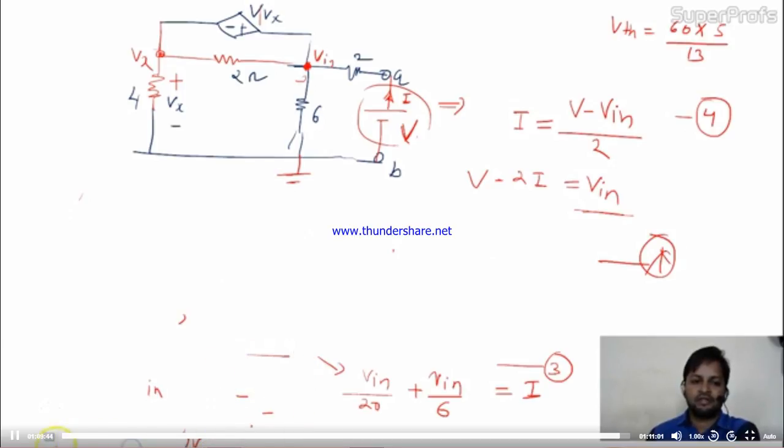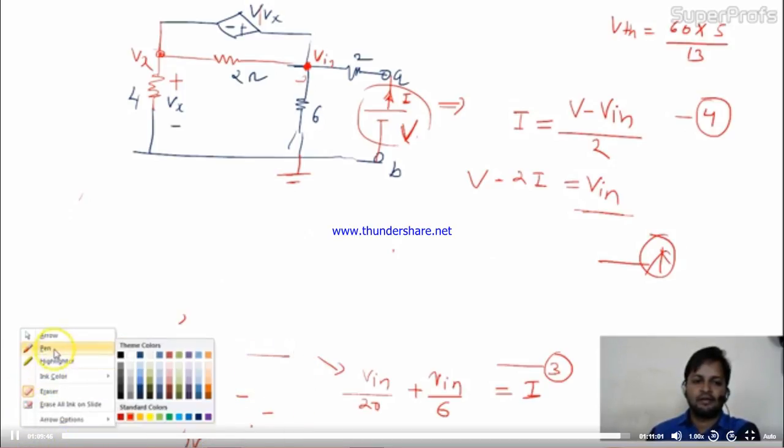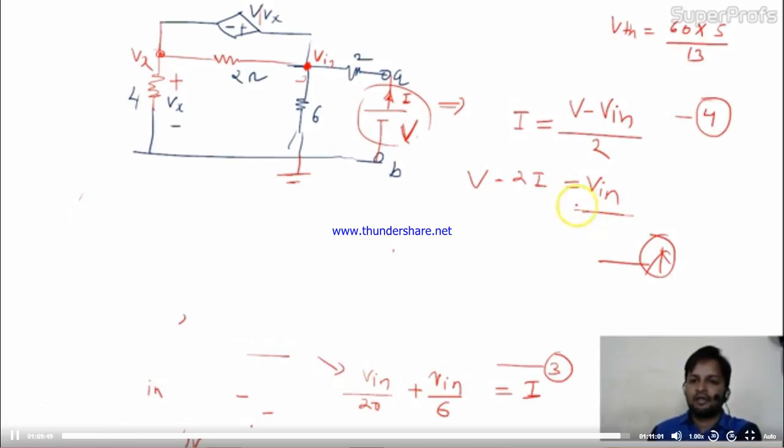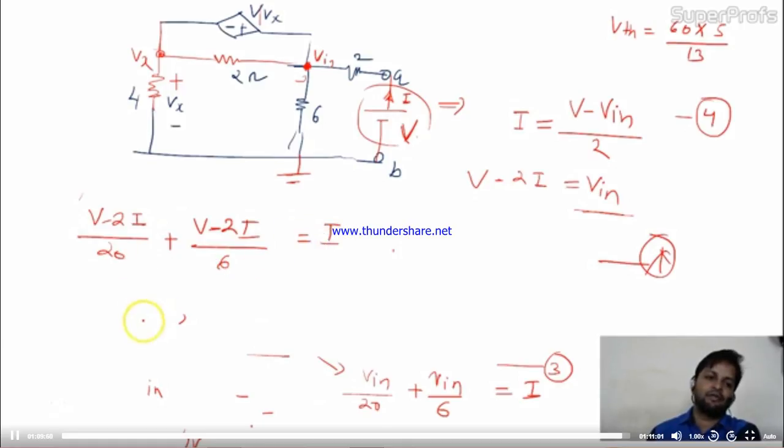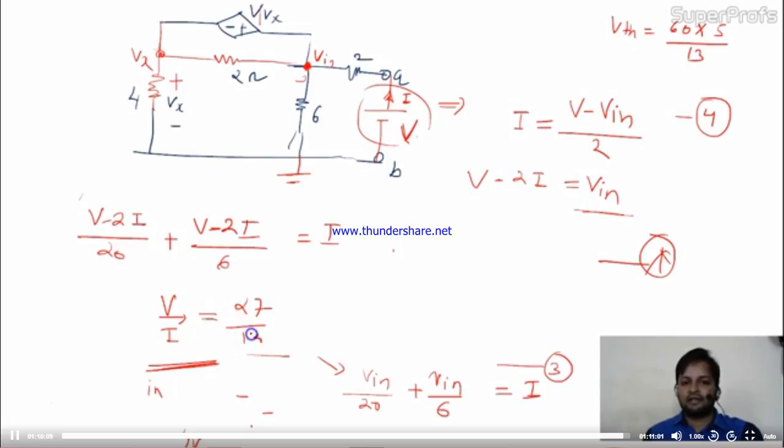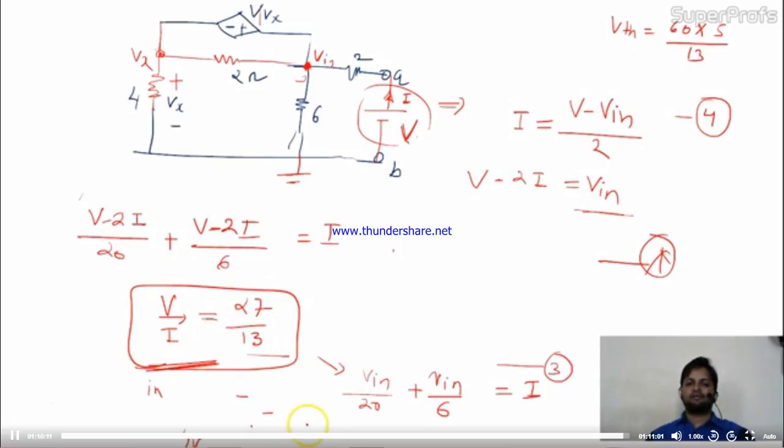So the equation is: we'll replace V in by V minus 2I, so V minus 2I by 20 plus V minus 2I by 6 equal to I. Now V by I, your task is to find V by I. When you find V by I, your answer will be 27 by 13, and this is nothing but R equivalent.